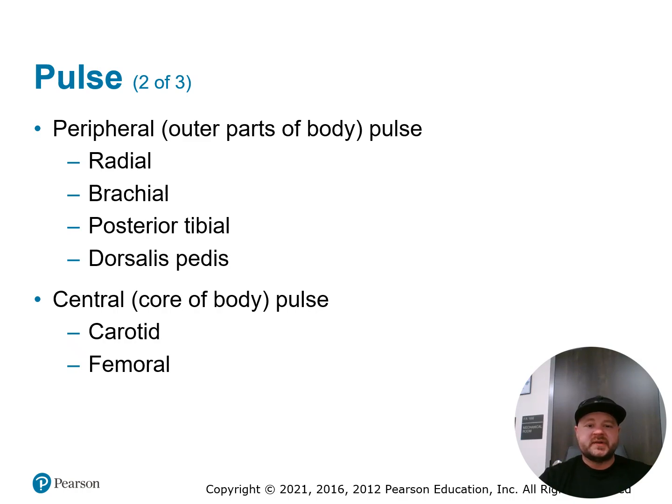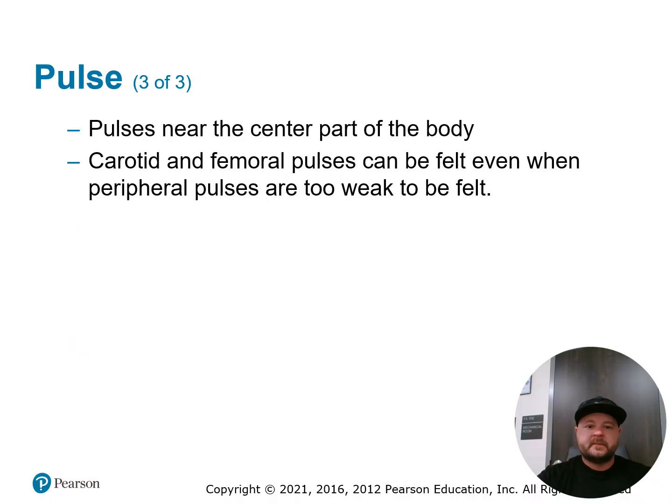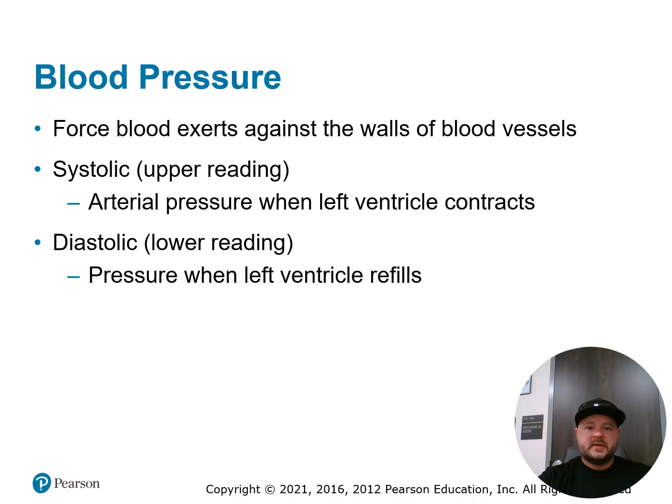And then our central pulse toward the core of the body, that's femoral and carotid. Those are a little easier to find if the patient has a pulse, but their blood pressure is really, really low, or they're shunting blood to their core because they're in shock. So carotid and femoral pulses can be felt even when the peripheral pulses are too weak to be felt.